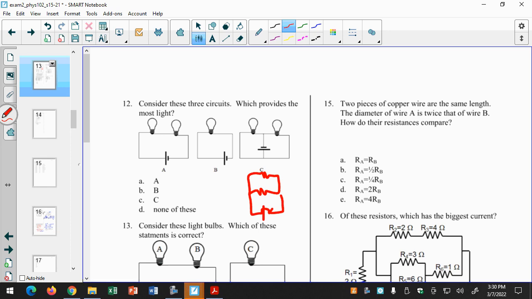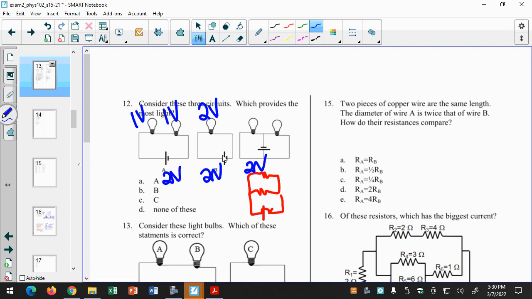All right. So then, which one provides the most light? Let's imagine that I have 2 volts on each of these. Doesn't matter, but on these two light bulbs, they're going to split up that voltage, so I get 1 volt and 1 volt. On this one, I'm going to get 2 volts.